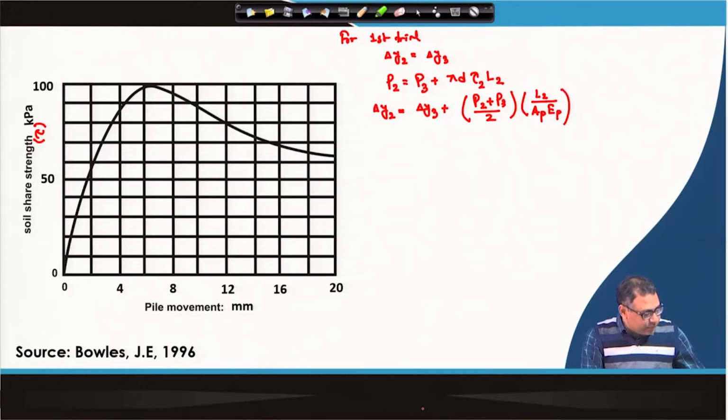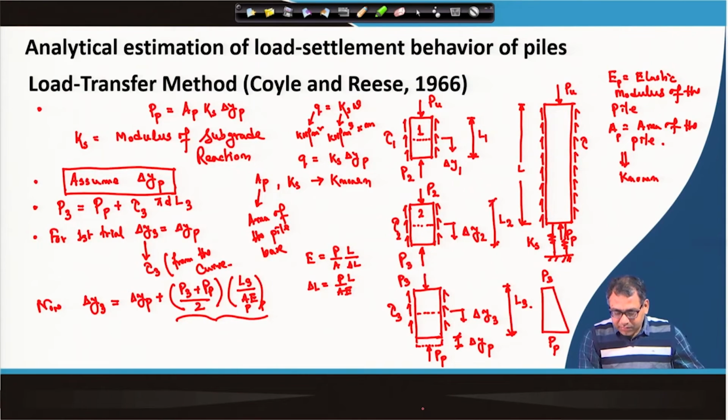So, here also for the second trial. So, this y 3 is the deformation for the center for the segment 3, and then we get the deformation of y 3 plus the deformation of that segment.